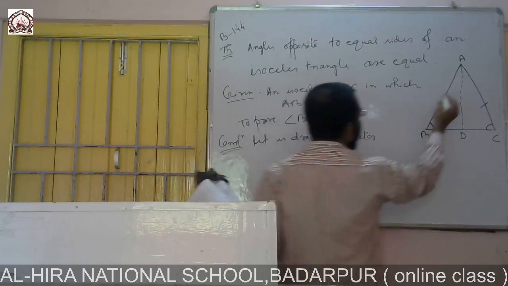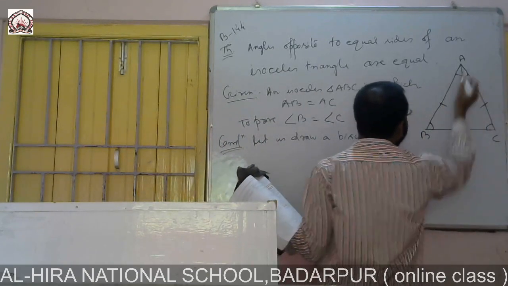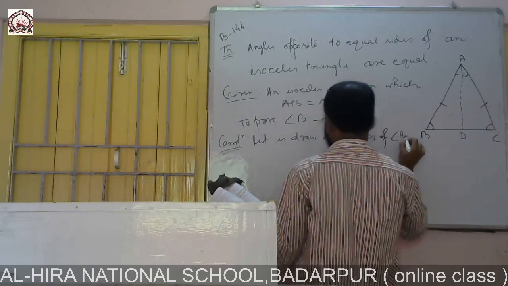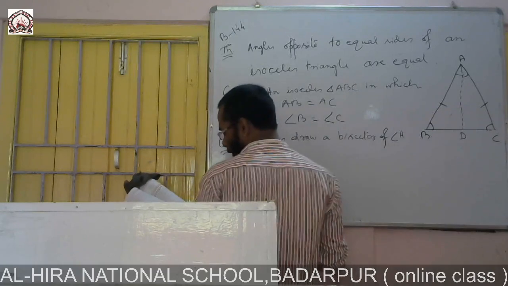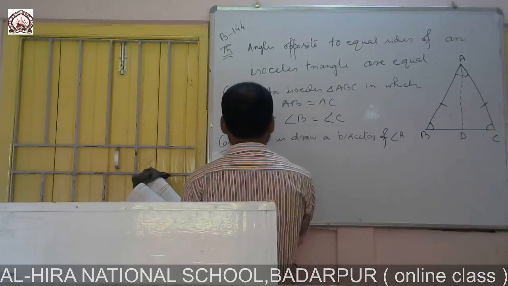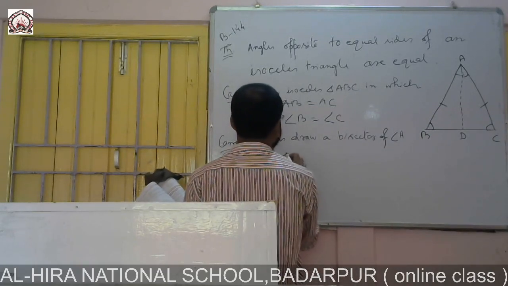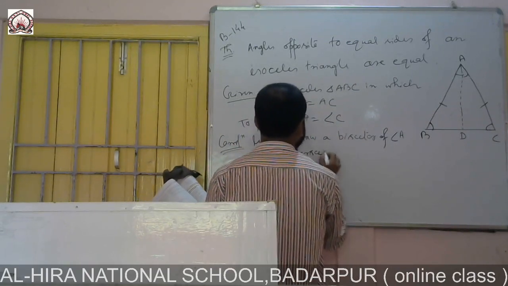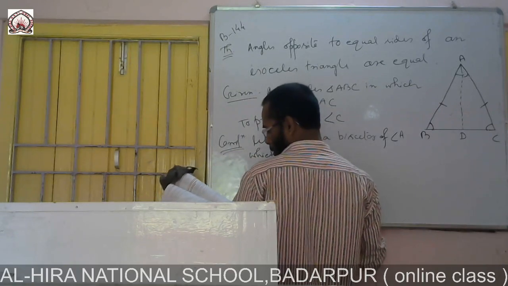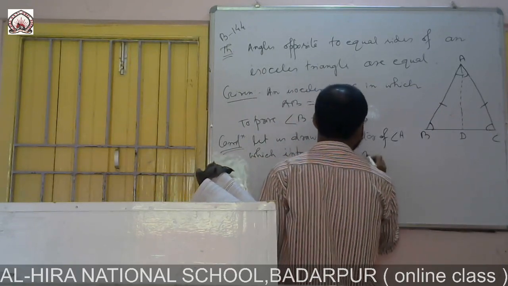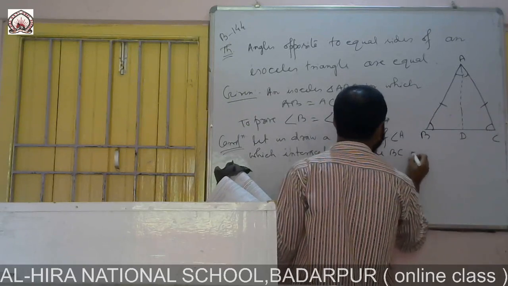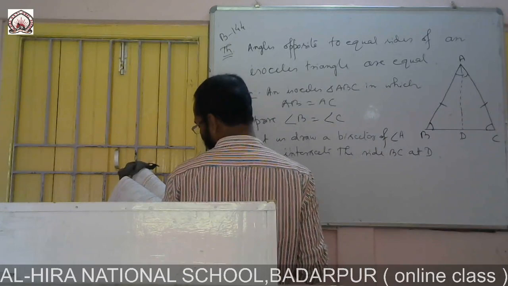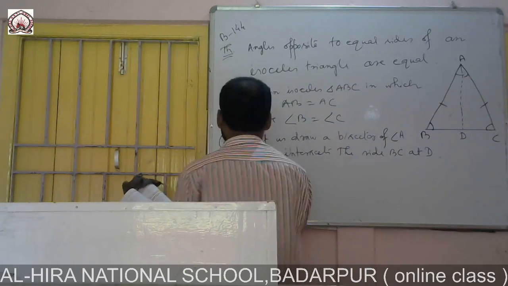Bisector means we have to bisect angle A, which intersects the side BC at D. Now proof.